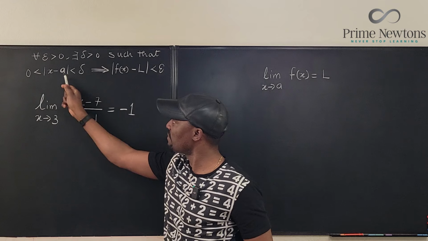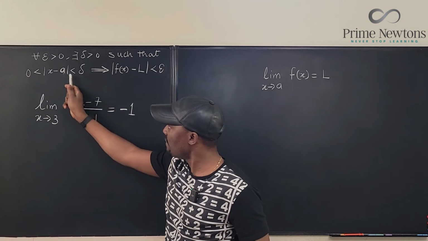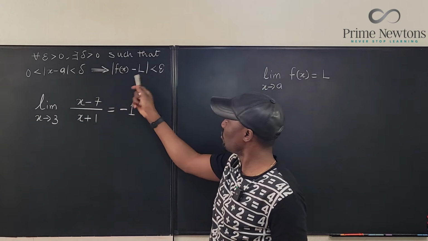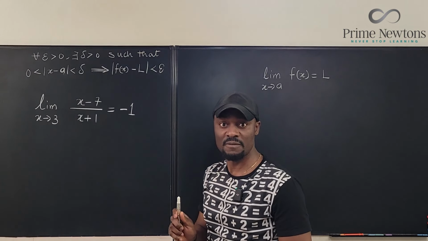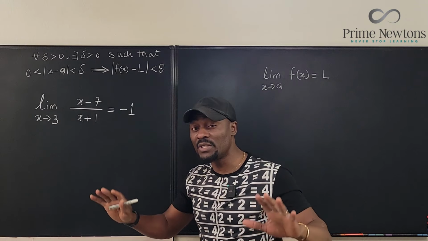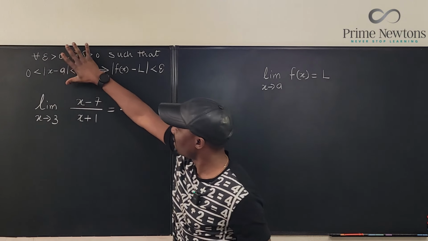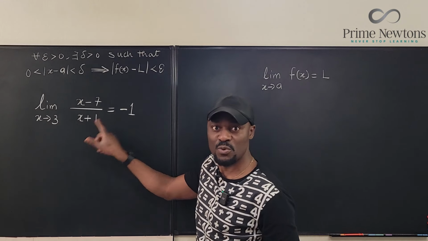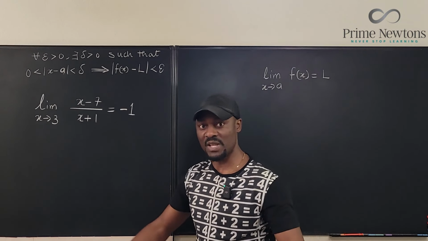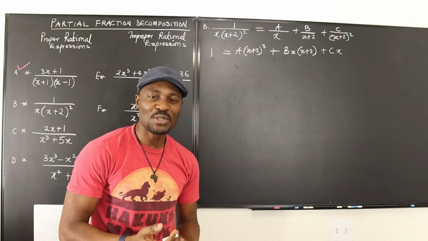Once you move away from a and what you have is less than delta, then this is true. The distance of the function from the limit is less than epsilon. That's the general definition. So what I'm going to do first is try to translate this from this language into this language. We'll see what we're going to show, and from there we're going to do the whole proof. Let's get into the video.